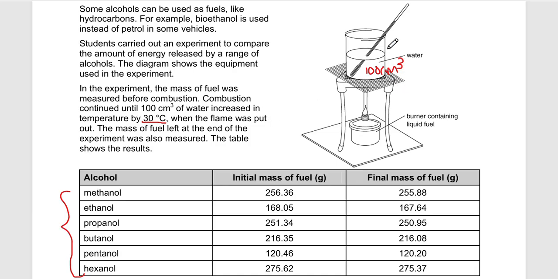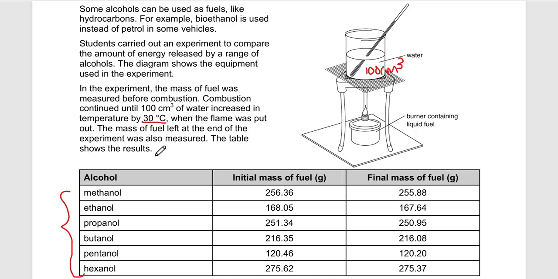So until it reaches 30 degrees, this was going through combustion. After that the flame is put out. The mass of fuel left at the end of each experiment was also measured. So this is the initial mass of fuel, and here's the final mass of fuel.